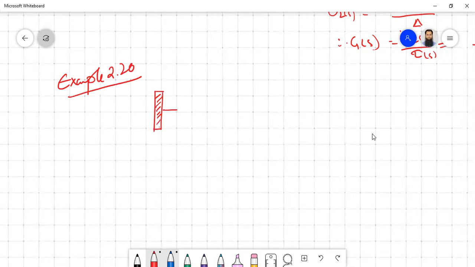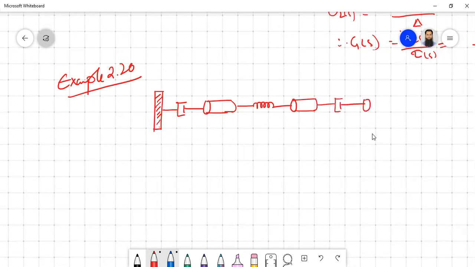Then you have a damper, then you have inertia, then you have a spring, then another inertia, then another damper, then you have another inertia, and finally a damper to your reference.